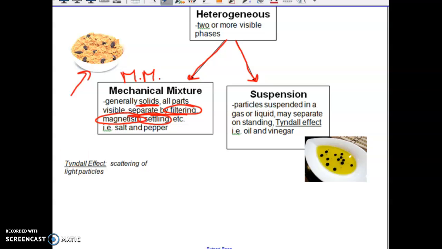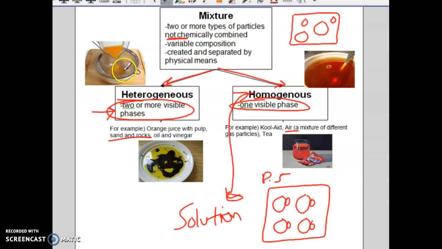So for example, orange juice and pulp, let me go back to this picture for a second. This is separation by filtering. I can take the pulp out by running the orange juice with pulp through a filter. The filter will basically catch all of the pulp and only the juice will run out. So orange juice with pulp would be classified as a mechanical mixture, right?